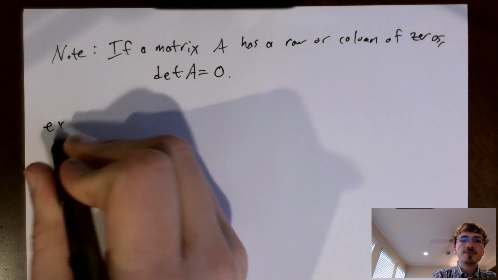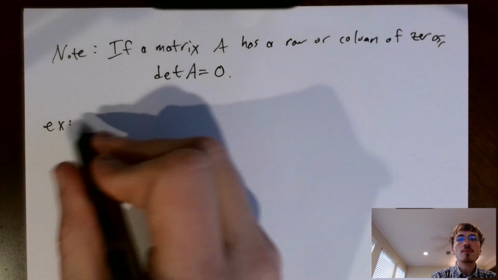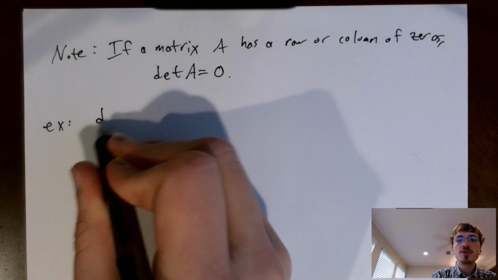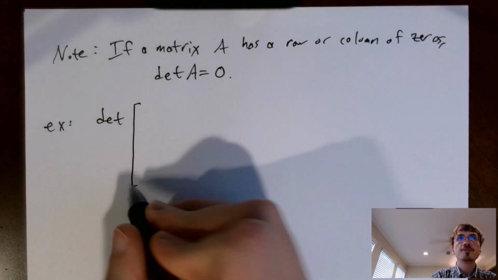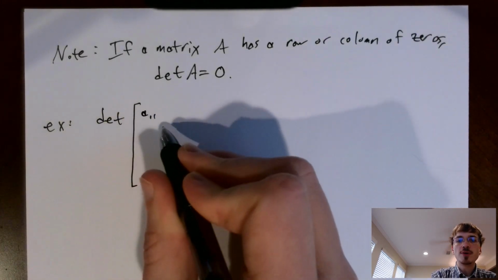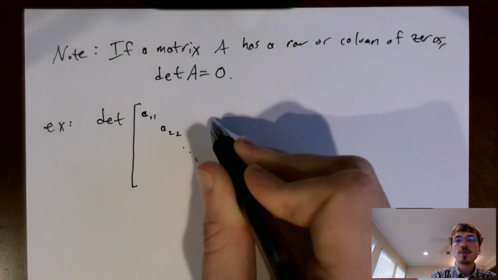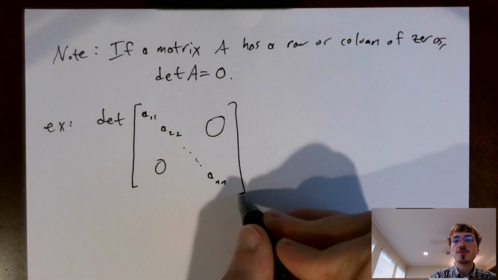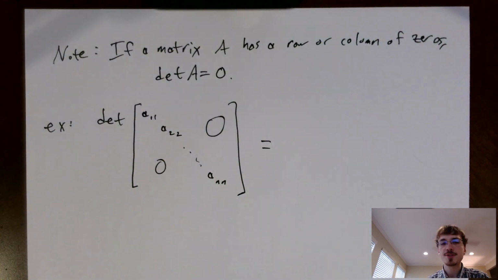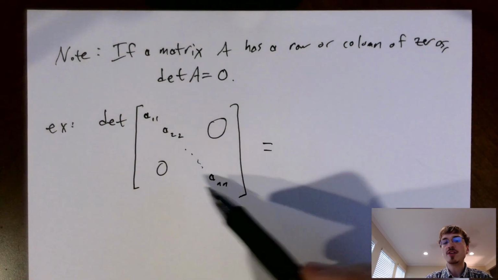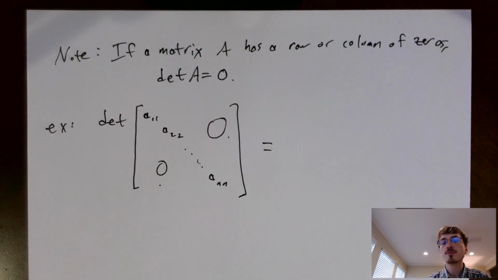As an example, what if we wanted to compute the determinant of a diagonal matrix, A11, A22, ANN, with all the other entries 0? What's the determinant of an n by n matrix where we only have diagonal elements and zeros elsewhere? Well, let's do a few steps and you'll see the pattern.